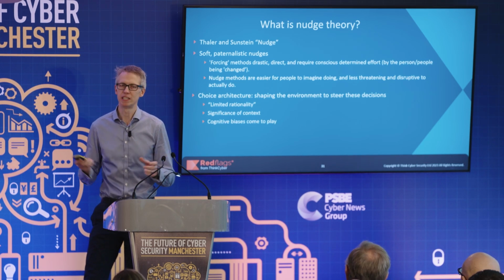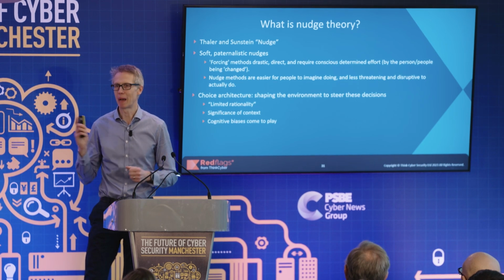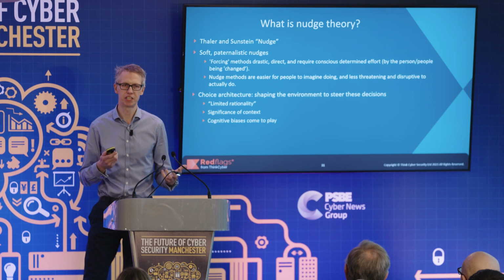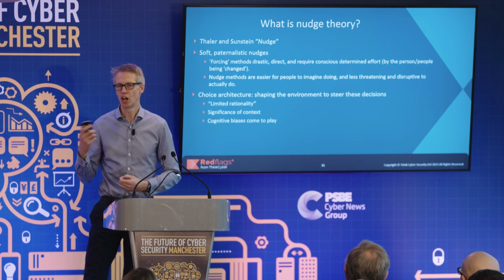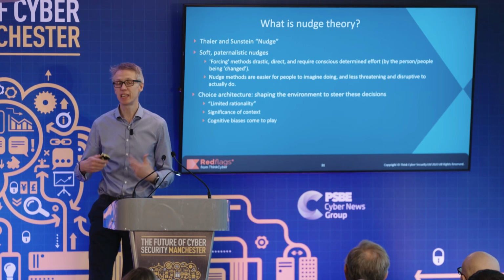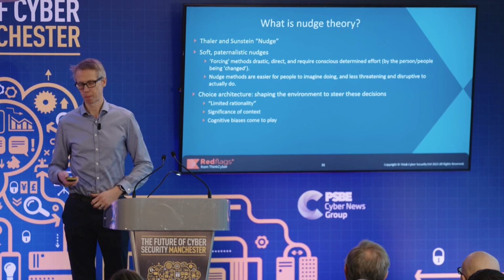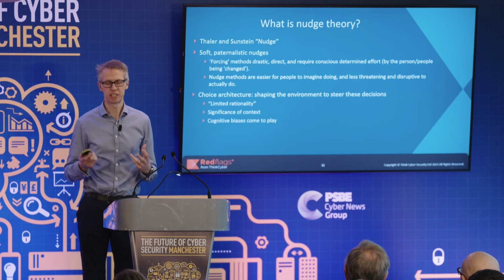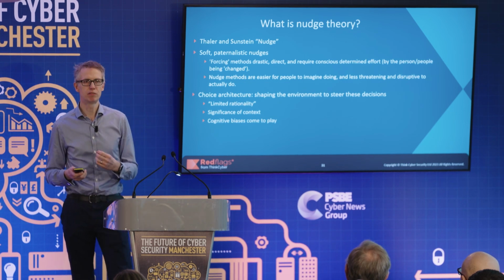The problem, and why this is relevant to cybersecurity, is that the bad guys know about these cognitive biases. That's what you see in phishing lures, things like authority, urgency, all those things that make you act without thinking. So limited rationality is why nudge theory works, and it's really driven by context.